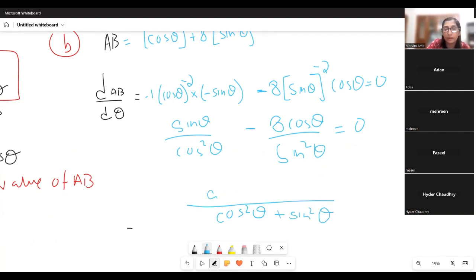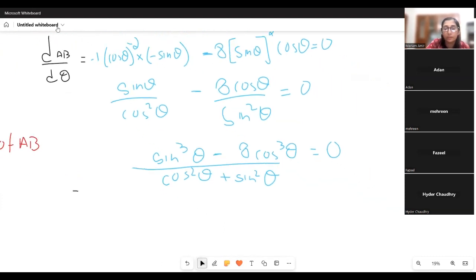It's going to be sine cube theta minus 8 cos cube theta equals 0. The denominator becomes 0 when it goes to the right hand side, so we're only left with sine cube theta minus 8 cos cube theta equals 0.